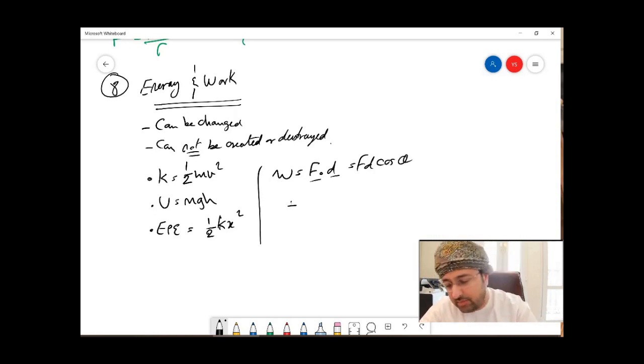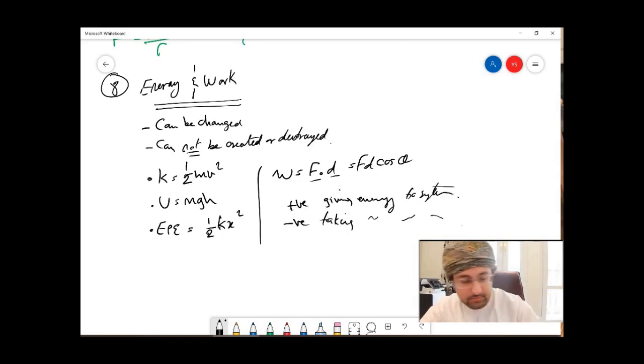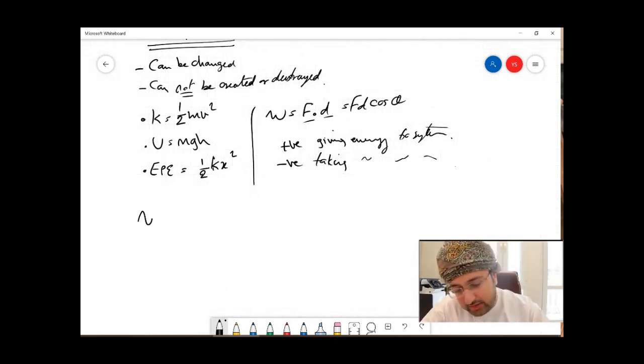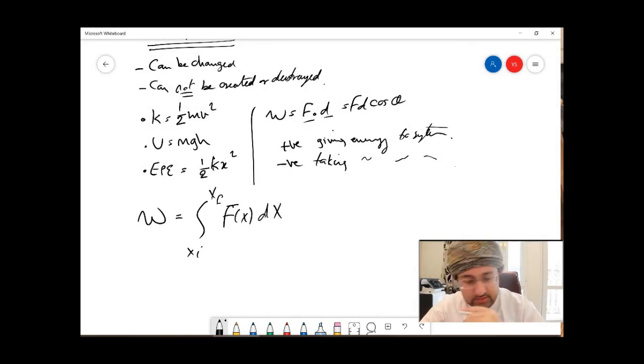And we said it can be positive or negative, giving energy to a system or taking energy from a system. We then said that if we have a variable force, then our work is going to be the integral of the function of the force with the distance.